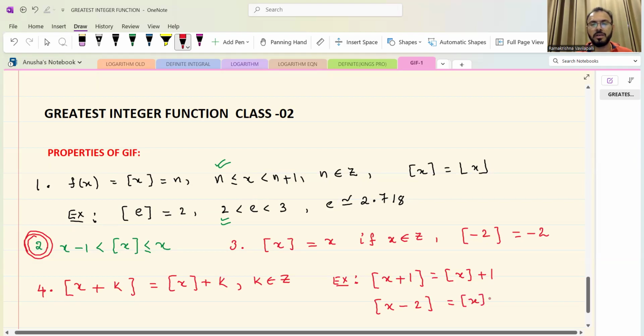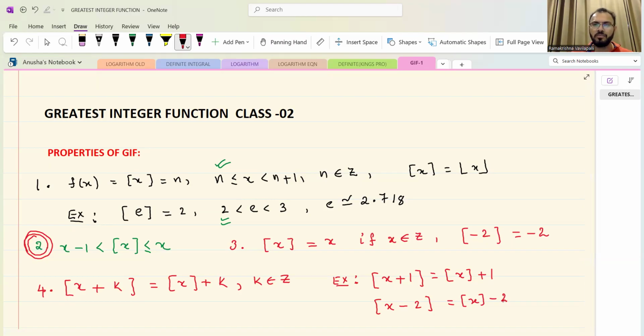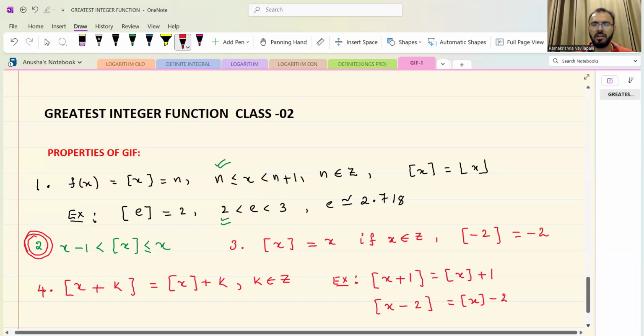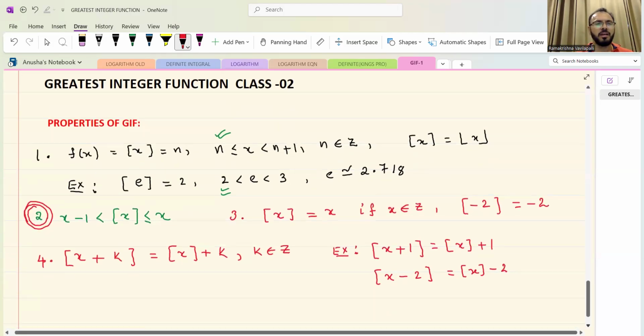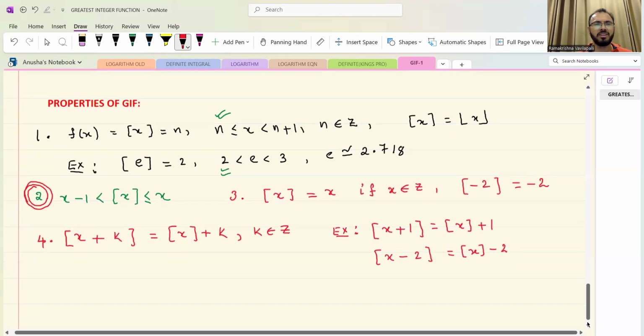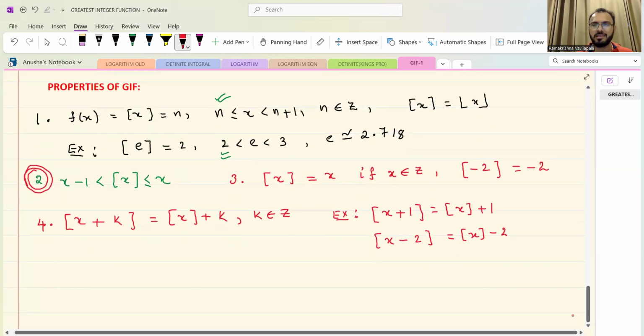These properties seem very simple, but while solving questions we have to remember these concepts and use them at the right stage. So the integral part of x plus k equals the integral part of x plus k.